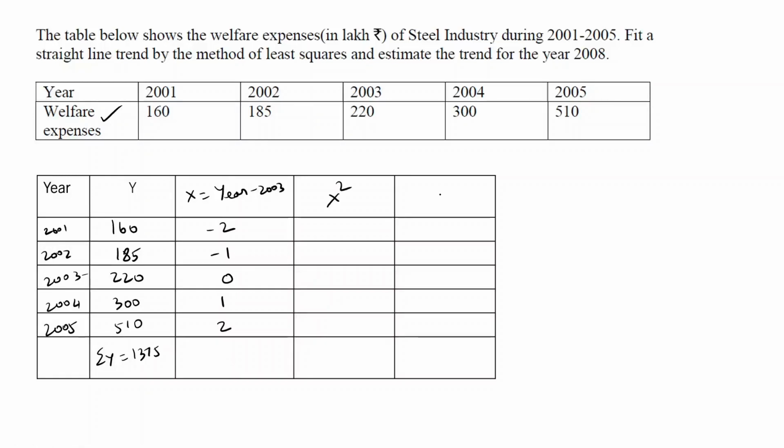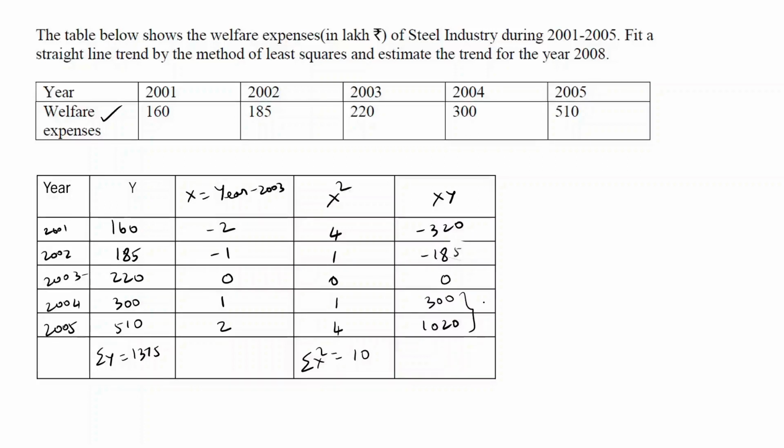And next we have X square and then XY. So X square is square of each of these. So minus 2 whole square 4, minus 1 whole square 1, 0 square 0, 1 square 1, 2 square 4. Now the sum of all these is 10. And next we have XY, that is the product of these two columns. So 160 into minus 2, minus 320, 185 into minus 1, minus 185, then 0, then 300 into 1, 300, then 510 into 2, 1020.